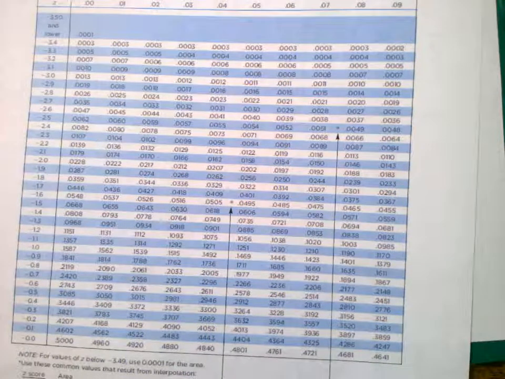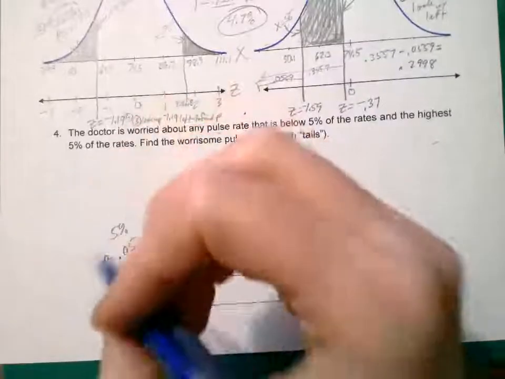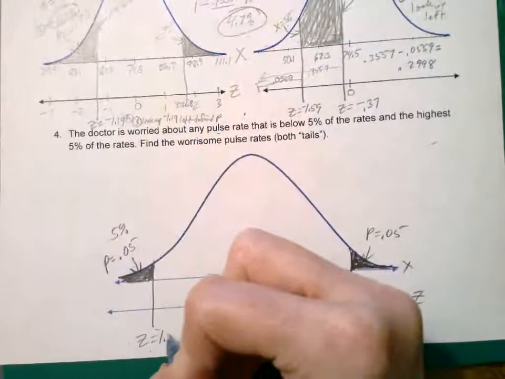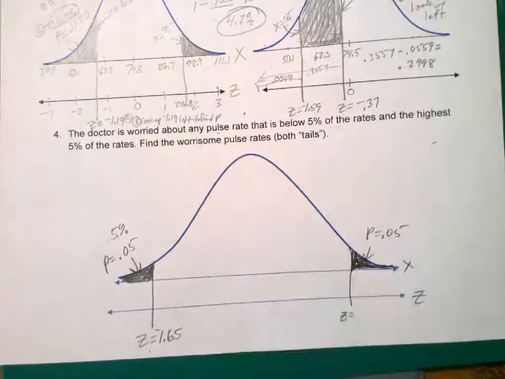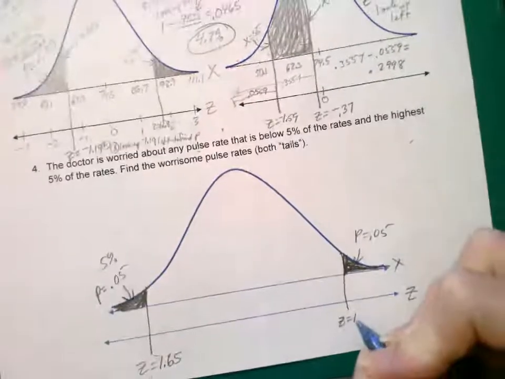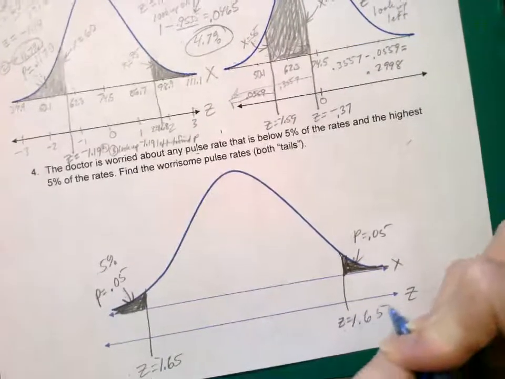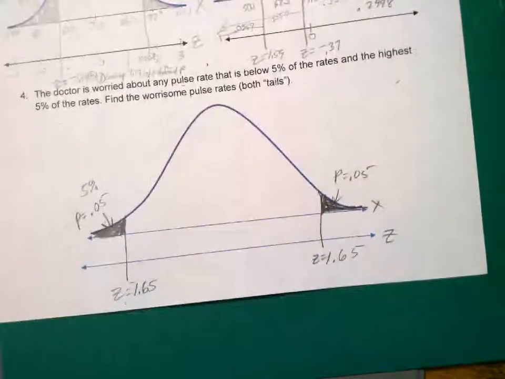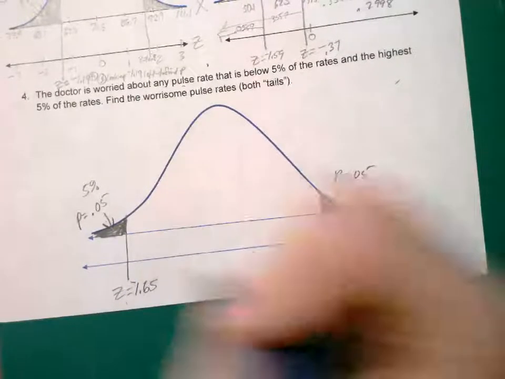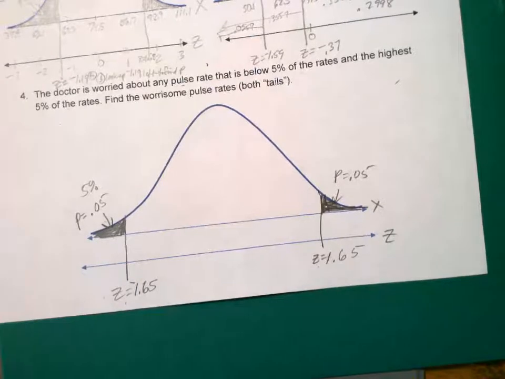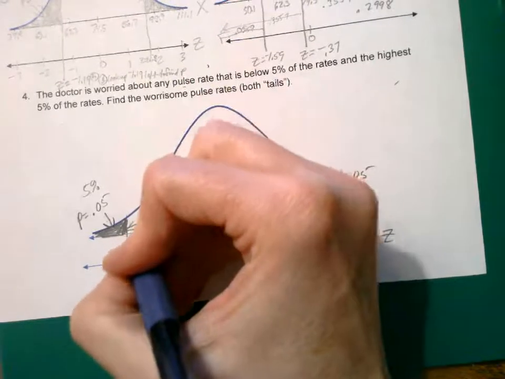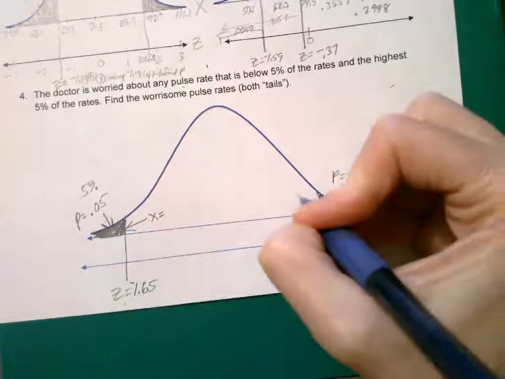That's one of those ones, 1.645. So you might as well just go negative 1.65. So that means this is positive 1.65. Okay, negative, positive.